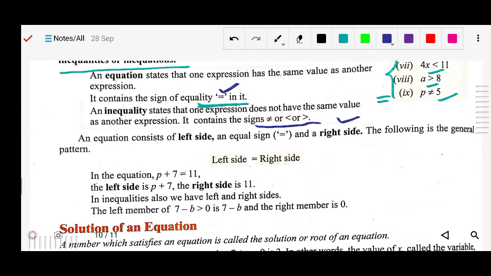Now an equation has two sides, the left side and the right side. In p plus 7 equals 11, p plus 7 is the left side and 11 is the right side of the equal sign.